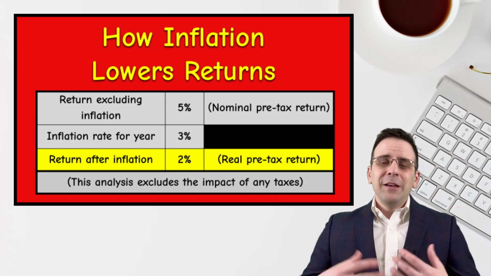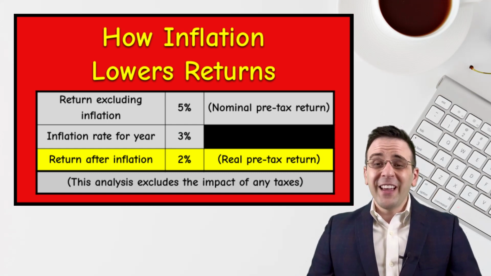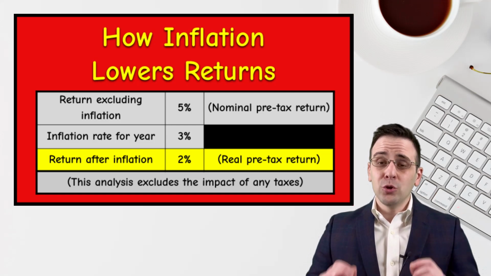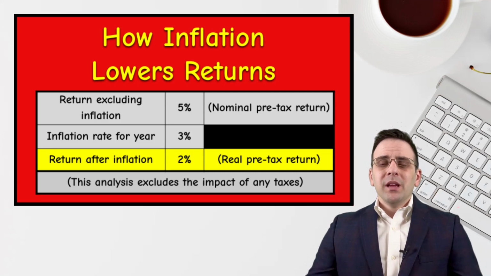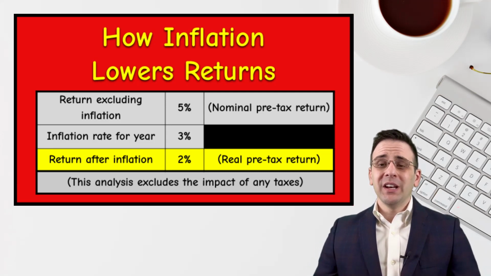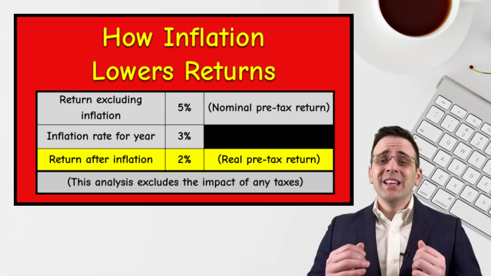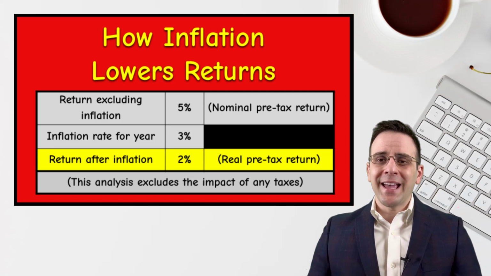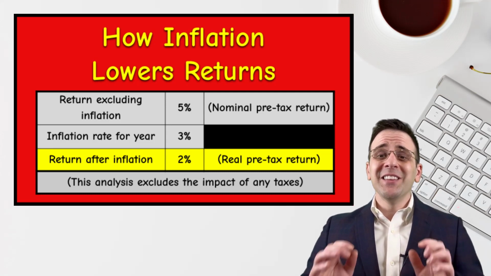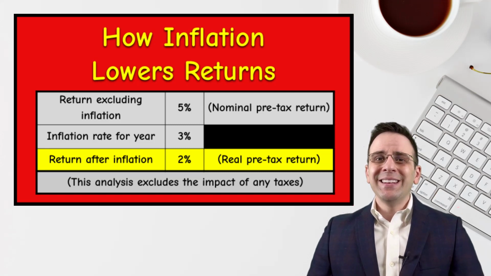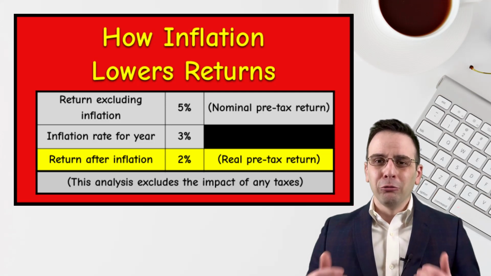For instance, if inflation was 3% during the same year, the money invested really only grew by 2% after inflation. In this example, the pre-inflation return is 5% and the post-inflation return is 2%, excluding taxes. The pre-inflation return is referred to as the nominal return, and the post-inflation return is referred to as the real return.